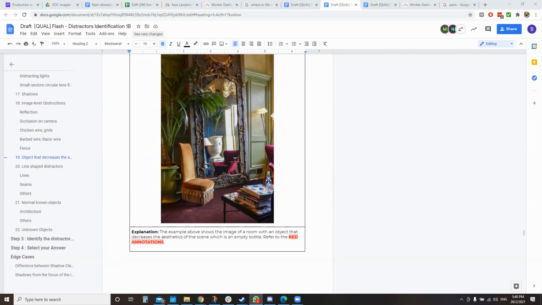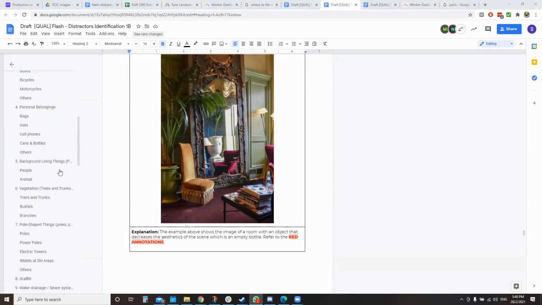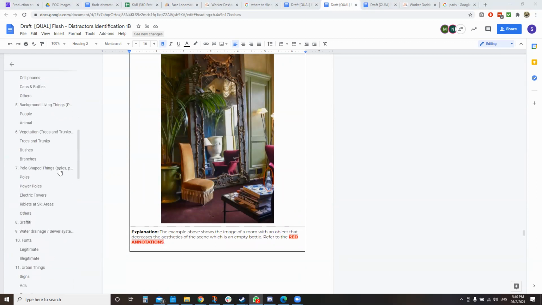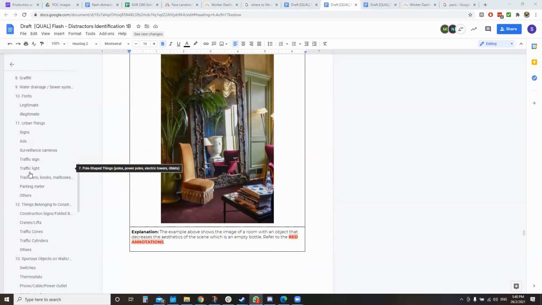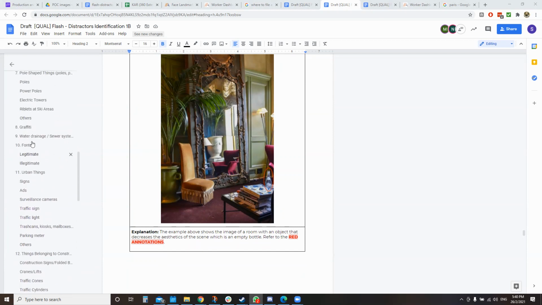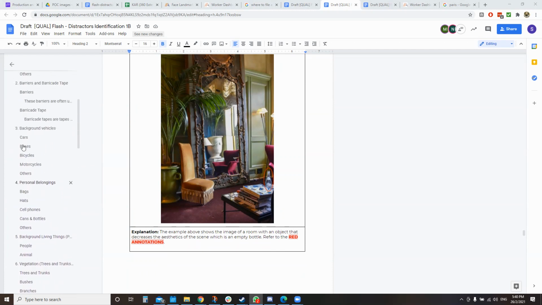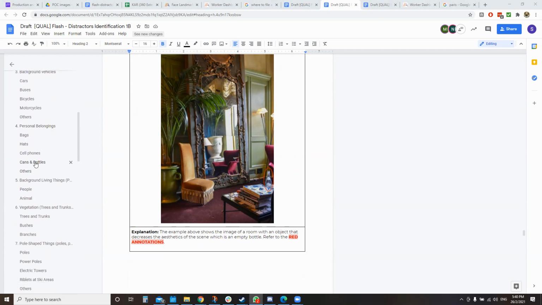So this one is actually just an empty bottle. It won't go under bottle. Maybe it can go under bottle. I don't know why it is here because there is a category for bottle. Is it a can? There, cans and bottles.